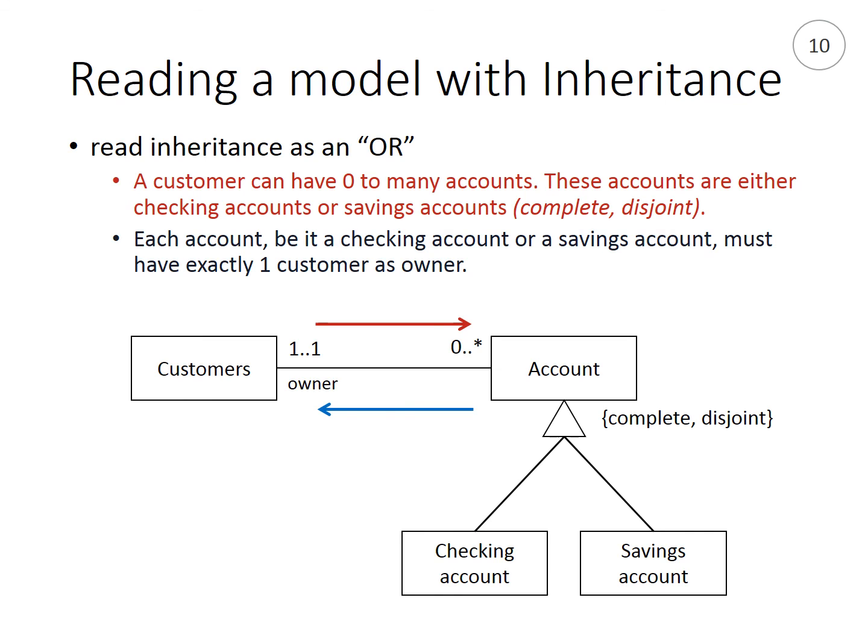In the other direction, from account to customer, the way to read the diagram is that each account, be it a checking account or a savings account, must have exactly one customer as an owner. So in other words, checking account and savings account inherit from account that they belong to exactly one owner.